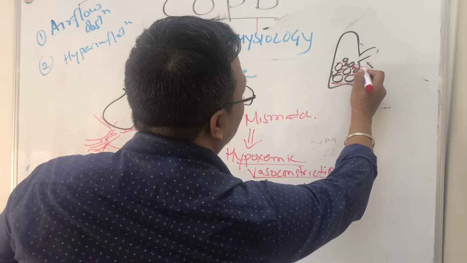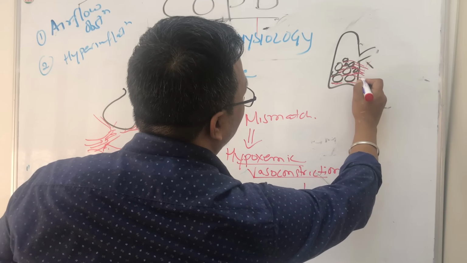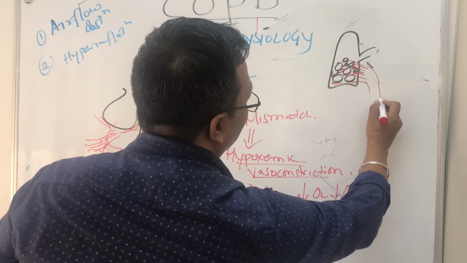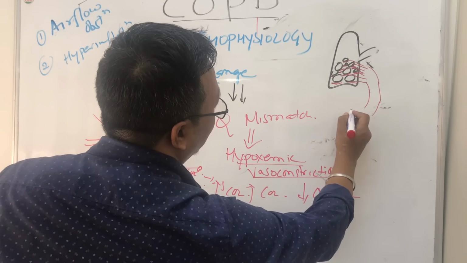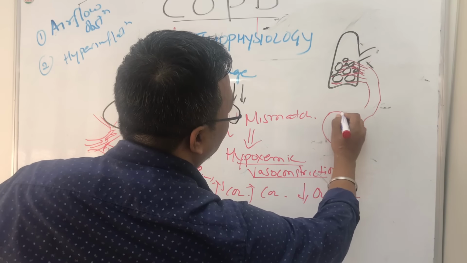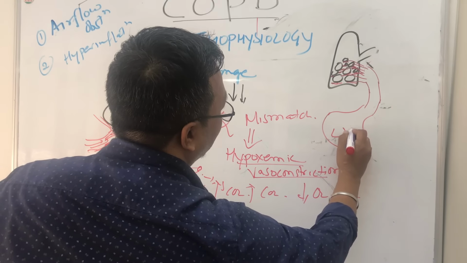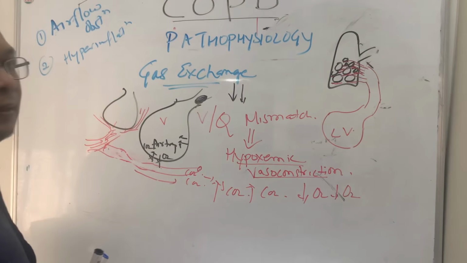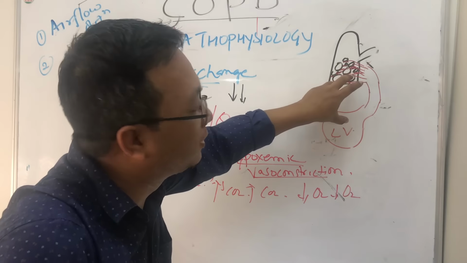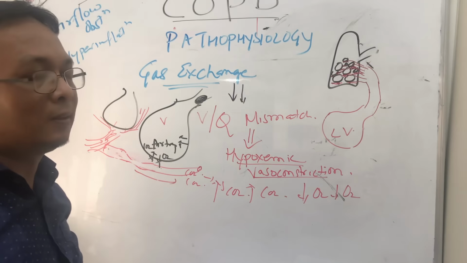Now these capillaries, where are they coming from? They are the branch of the pulmonary artery. This pulmonary artery is coming from where? They are coming from the left ventricle. Now when there is multiple vasoconstriction, obviously this left ventricle has to pump the blood against such a resistance which is being developed in the lungs.